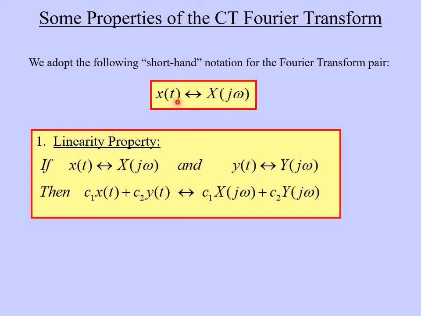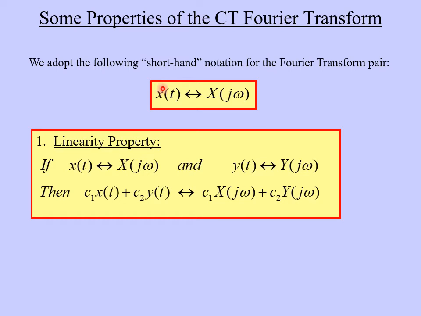Notice this is a function of time with a lowercase x, and this is a function of frequency, always represented by the uppercase letter. So this is a signal and Fourier transform pair that are associated with each other. That's what this arrow means. We can go from here to here, or from here back to here, by doing the appropriate calculations.